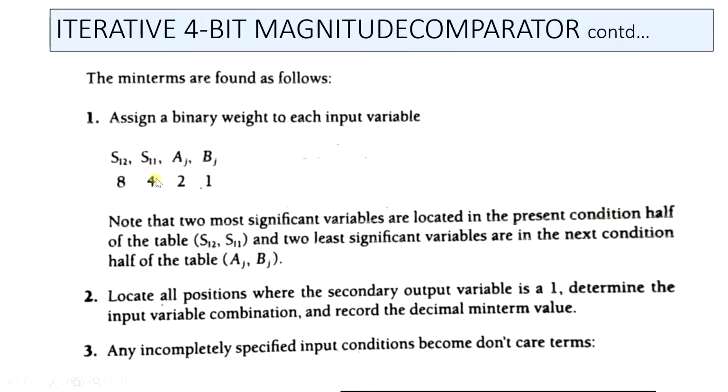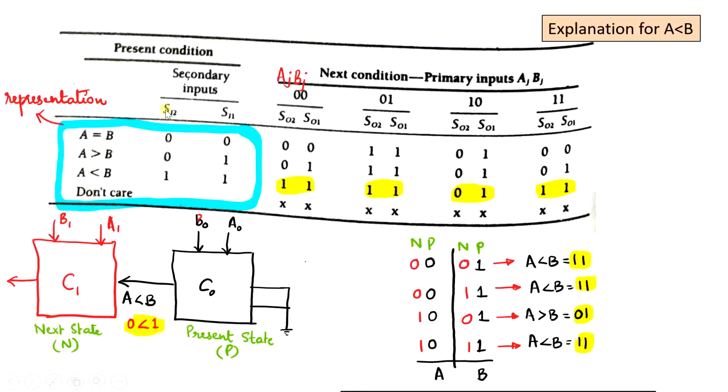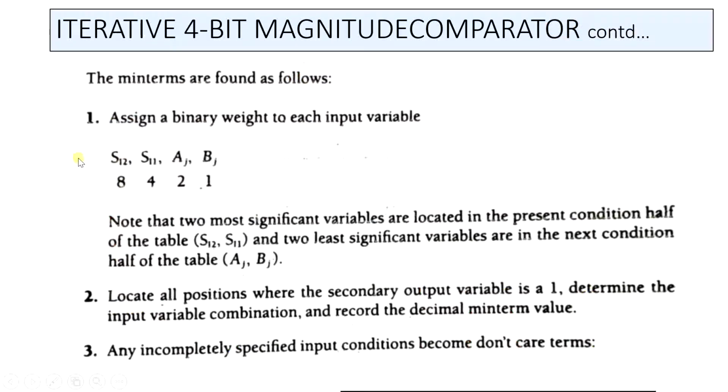So if you can recall from the table, SI2 and SI1 was the encoded data, whereas AJ, BJ is corresponding to the next condition. So you have the encoded data here first, and then you have AJ, BJ. So this will be the most significant variables and this will be the least significant variables.